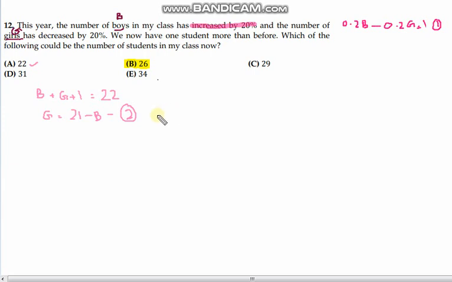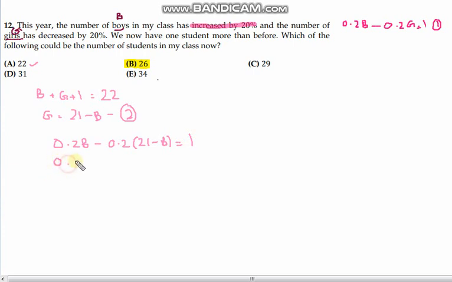Now inserting 2 into 1, we have 0.2B minus 0.2 times the number of girls, which is 21 minus B, equals 1. Let's simplify this further.